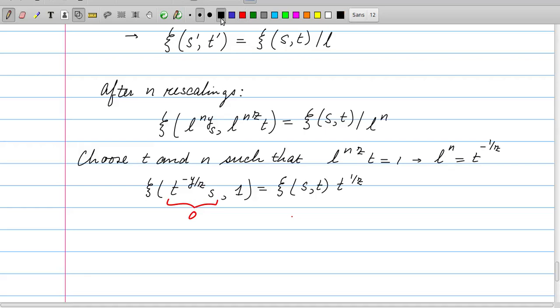And so I can conclude that xi as a function of s and t scales as t to the power minus 1 over z times xi, and then taken at 0, 1. So that's this left hand side. I've reversed left and right hand side and multiplied by t to the power minus 1 over z. This is just a number. It's the given correlation length at the point 0, 1, and we see that if I move closer and closer to the fixed point, I find this dependence, t to the power minus 1 over z.